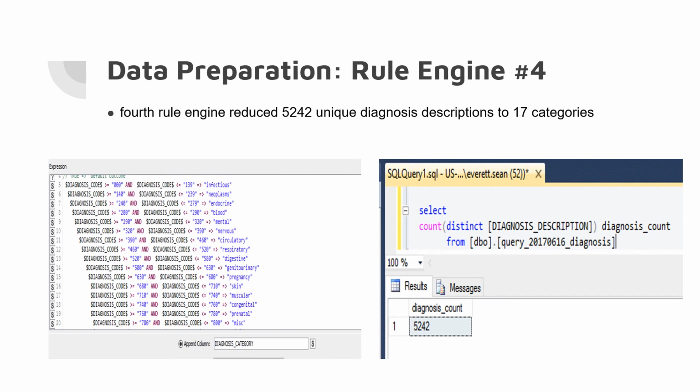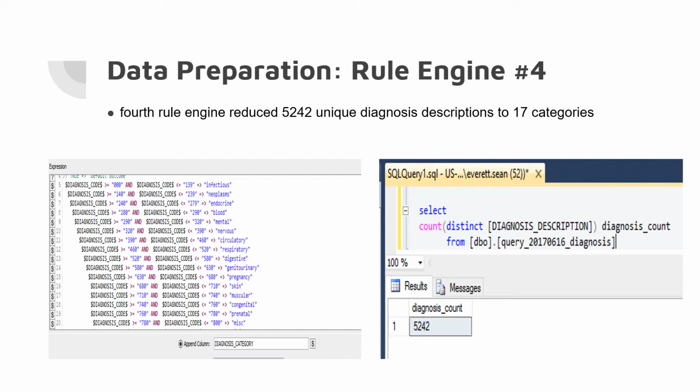Rule engine number 4. Now this is the last rule engine that we used in our data set, and we applied it against the diagnosis description variable, because there were 5,242 unique diagnosis descriptions for our diagnosis variable, which is a lot.